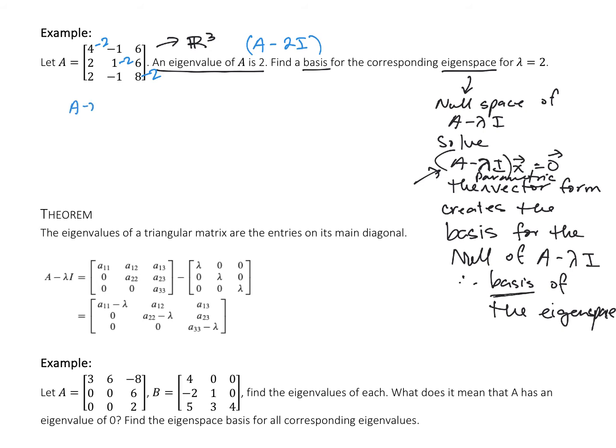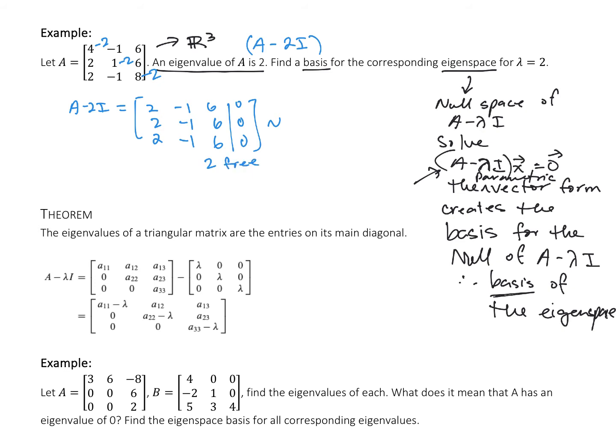So my A minus 2I matrix is equal to 2, negative 1, 6, 2, negative 1, 6, 2, negative 1, 6. Well, that's fun, right? Hopefully, without even needing to do any augmentation, each of my rows is the same, which means that I'm going to have 2 free variables.